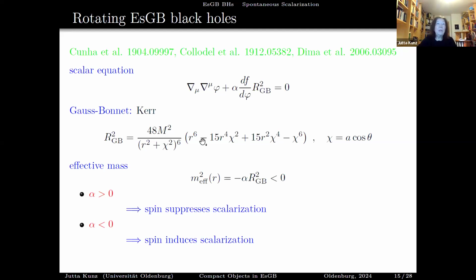However, it could be that if these negative terms dominate, a new type of spontaneously scalarized solutions arise that exist only at large spin. And this is indeed what happens. In that case, one talks about spin-induced scalarization.